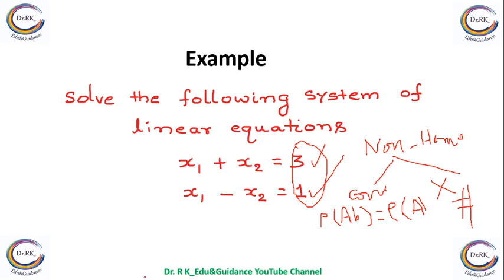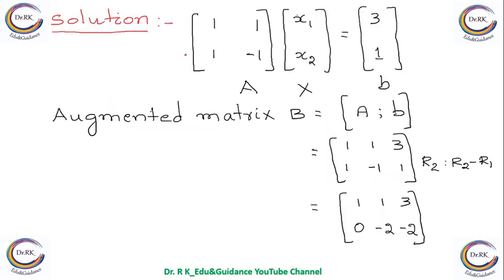When we proceed further, we are already aware of when the system is consistent and when the system is inconsistent. The only idea we need to have is finding the rank of a matrix. That's it. It depends on finding the rank of a matrix.